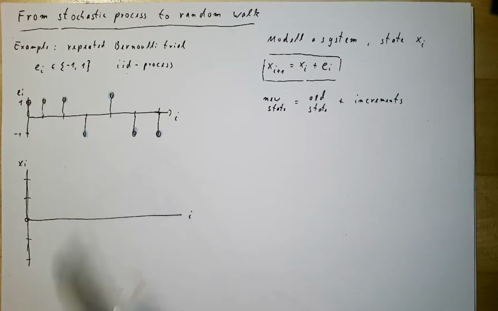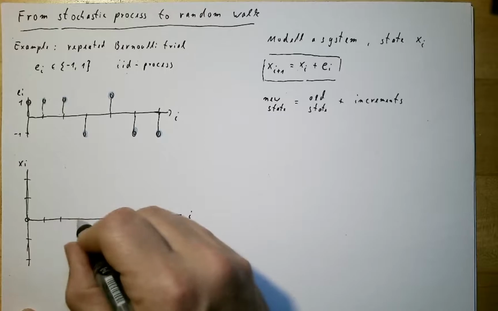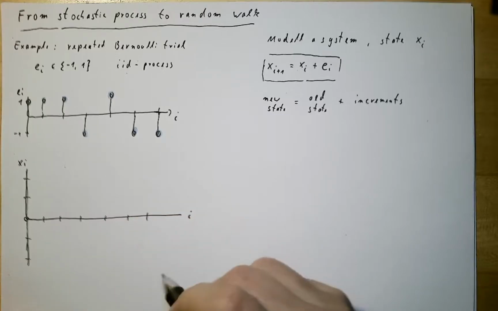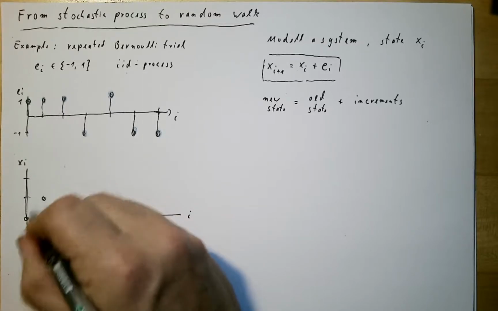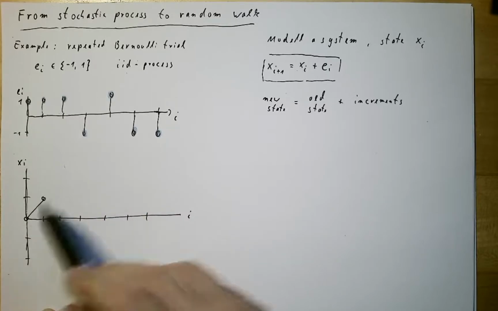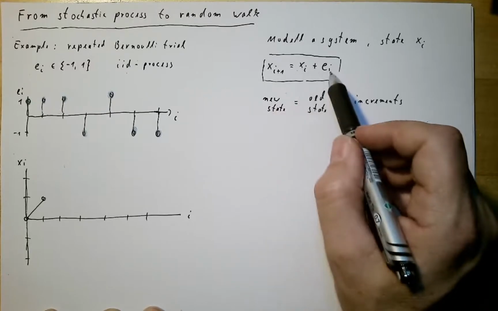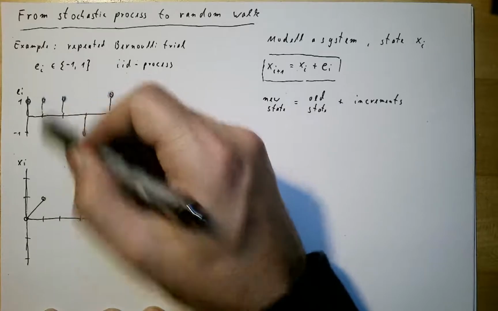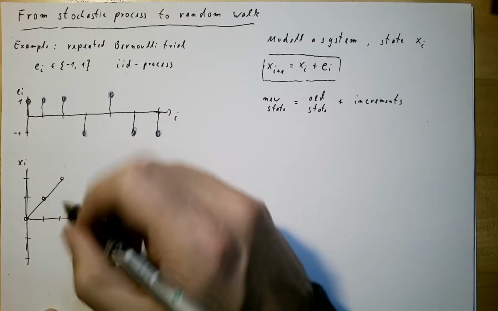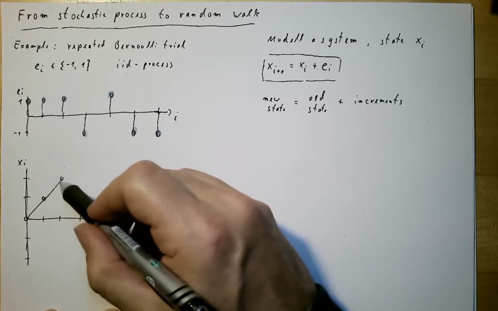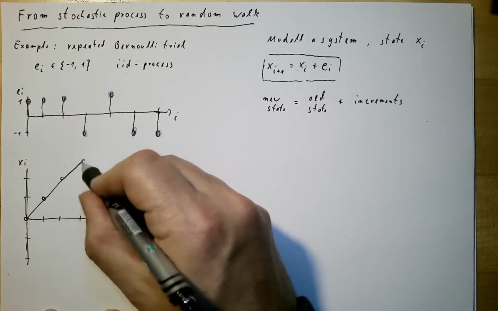I colored the increments in blue. And then the next time step, now we need our time steps. At time step 1, our state has evolved to 1. So what's happening at time step 2? x_2 equals x_1 plus the increment 1. Increment 1 is 1, x_1 is 1, so in the next time step our state equals 2. What is our state at time step 3? It's 2 plus again 1. We are here.